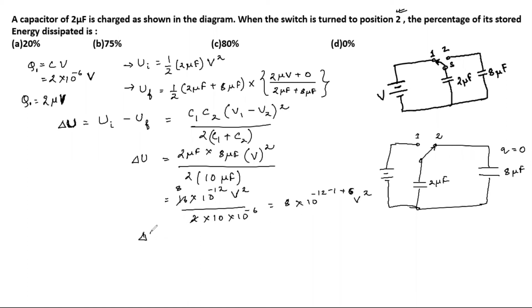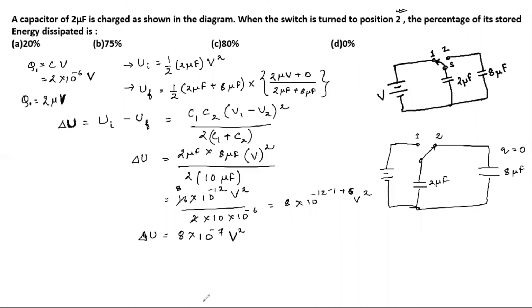So del U will be minus 8 into 10 to the power minus 7 V square. This is my change in energy stored, or you can say the loss in energy when these two capacitors are connected in parallel.